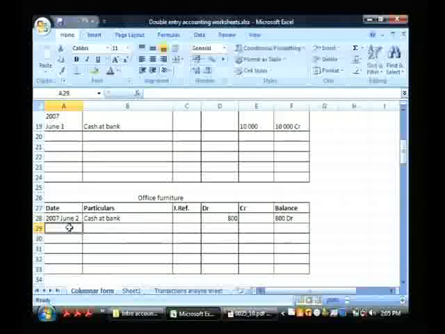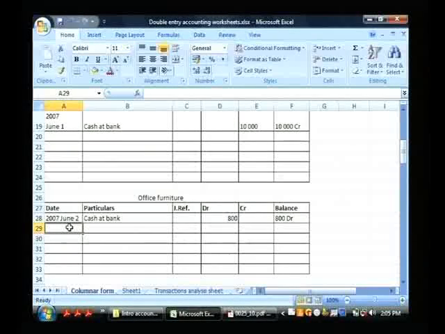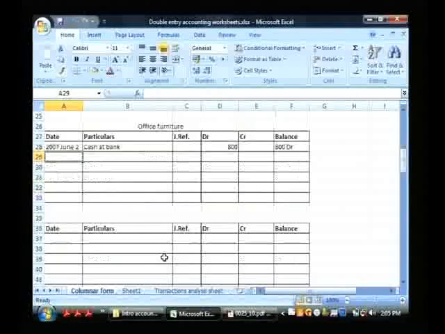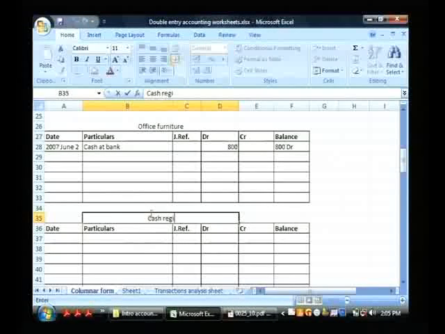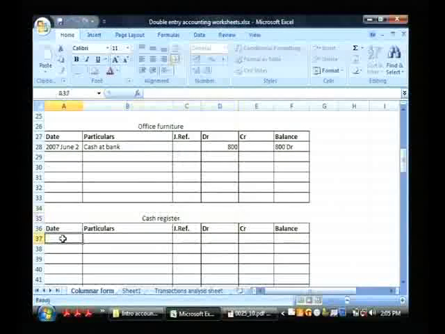Next transaction according to the transaction analysis chart, cash register debit, so then we have to have a cash register account.